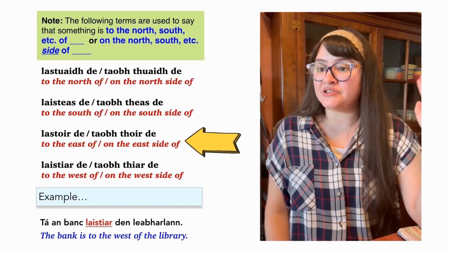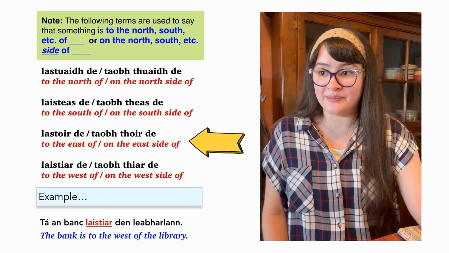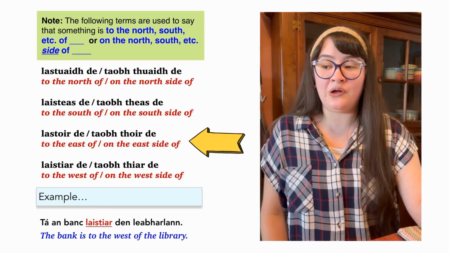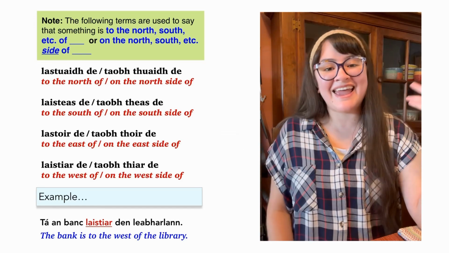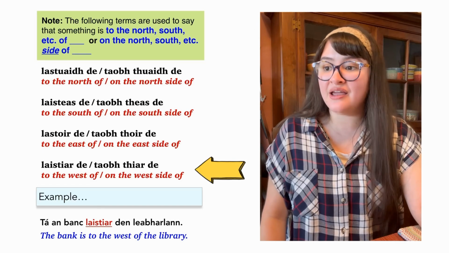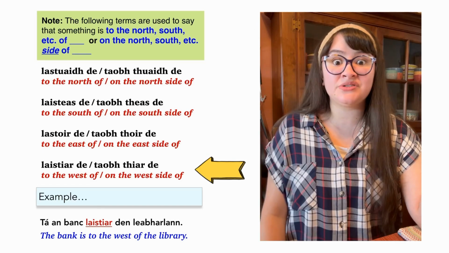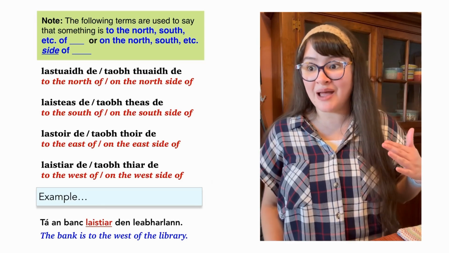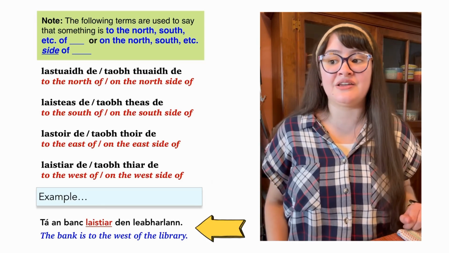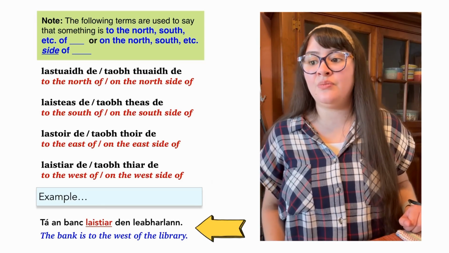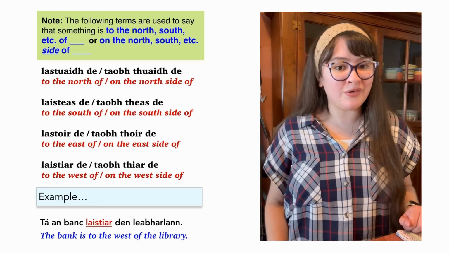So, lasterde, to herde, to the east of or on the east side of. And last, lastjerde and to herde, to the west of or on the west side of. So I'll give one example below. Tan bank lastjerden Lorland. The bank is to the west of the library.